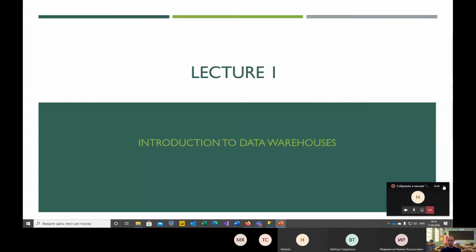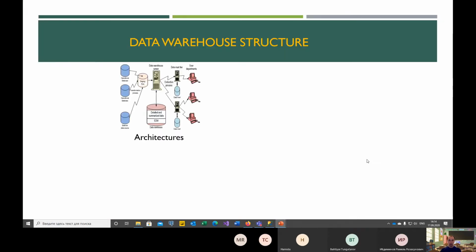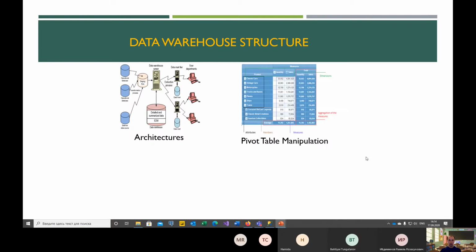So in the corporate environment, we need to have the architecture in which you have mostly relational databases. Then you have the data warehouse. In the data warehouse server, some data marts. This is a small representation of the whole warehouse.